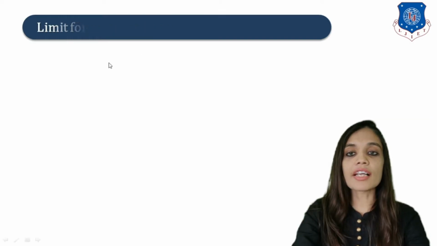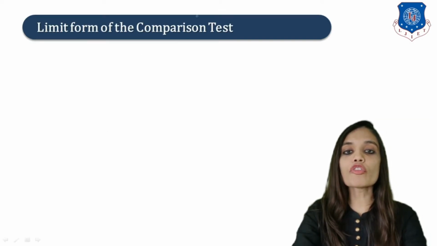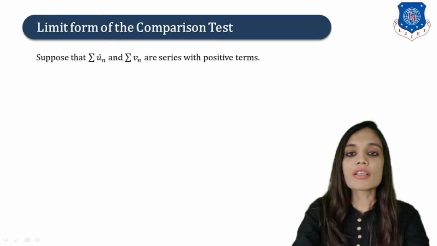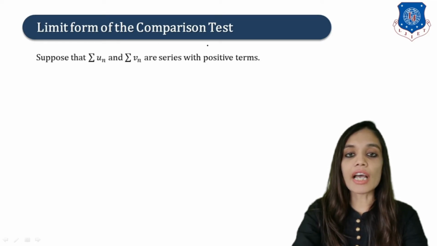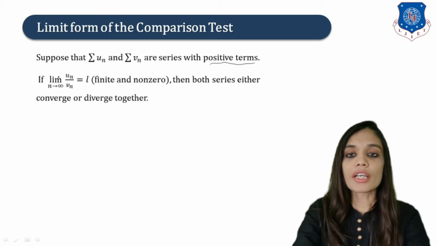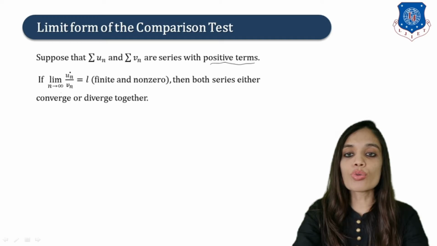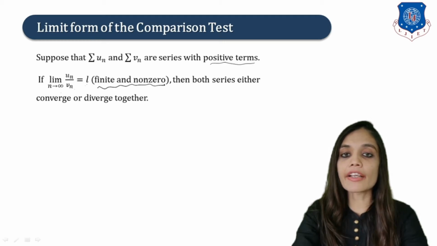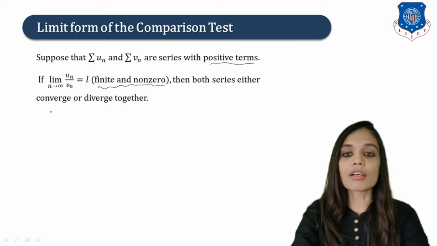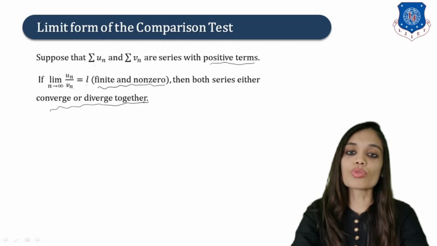Okay. Next, let us study the limit form of the comparison test, right? Suppose that series Un and Vn are two positive term series, and if limit n tends to infinity Un upon Vn is equal to L, which should be compulsorily finite and non-zero, then both series Un and Vn converge or diverge together.